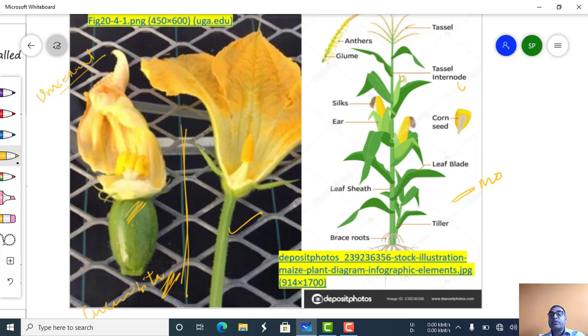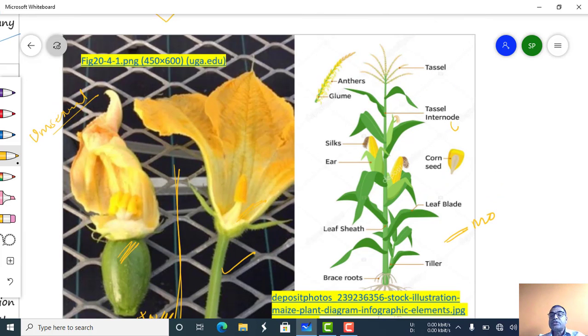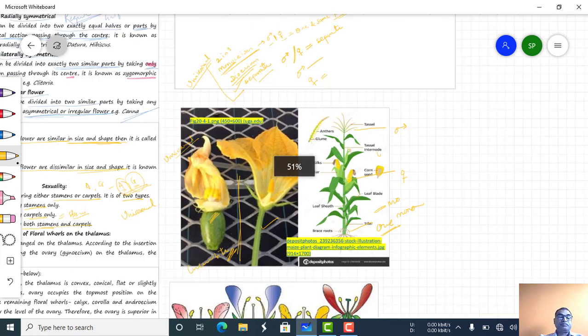But if you see this one, the maize plant, this is a female flower and this one is a male flower. Both male flower and female flower are separate, but they are present on one single plant. Therefore this one is called a monoecious type of plant.